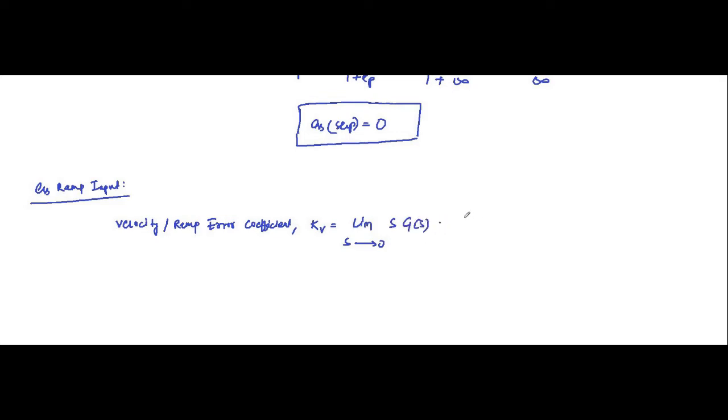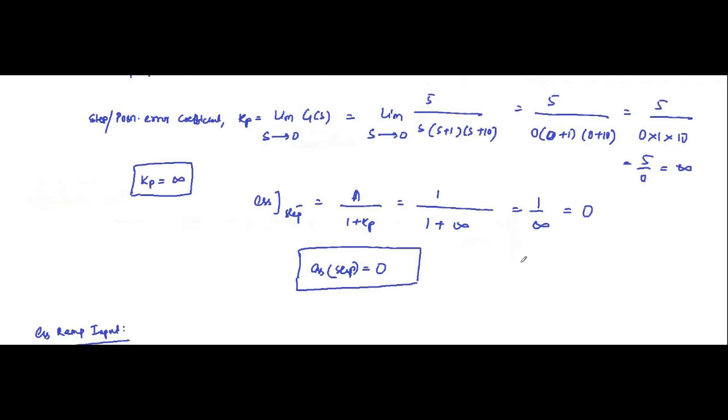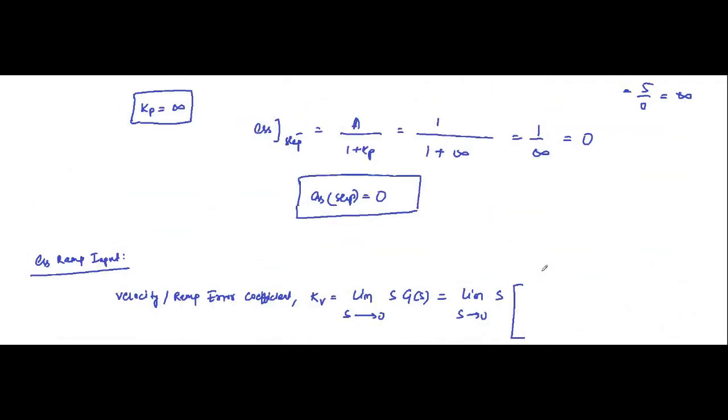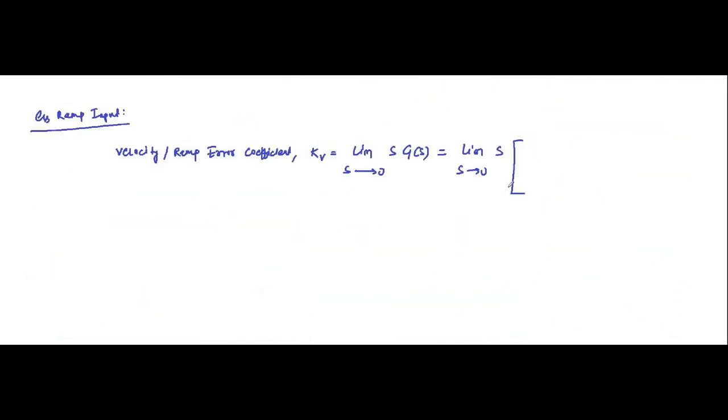So here limit s tends to 0, s multiplied with 5 by s into (s plus 1) into (s plus 10).